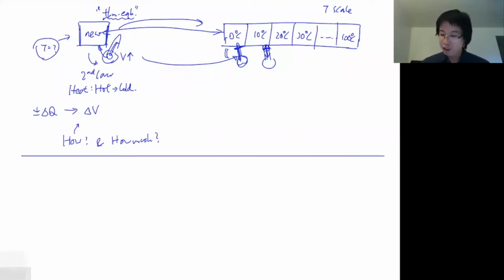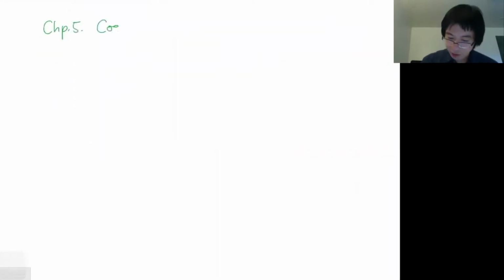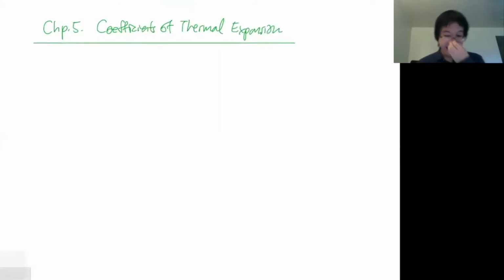And that leads us to our chapter 5, the idea of coefficients of thermal expansion. There's a new quantity called coefficients of thermal expansion. The symbol is alpha, and there's a couple of them, so I'll put a plural, alpha apostrophe S, because there's a couple versions of it.